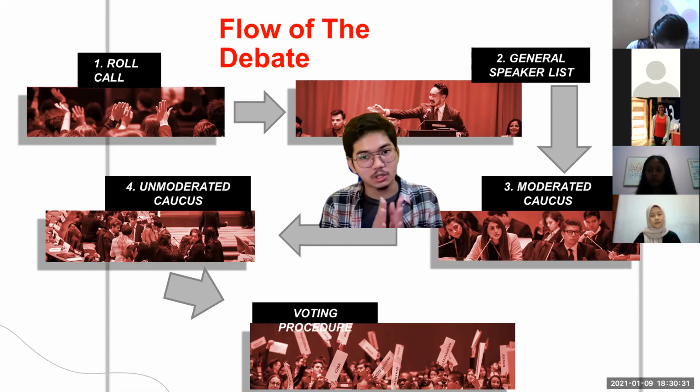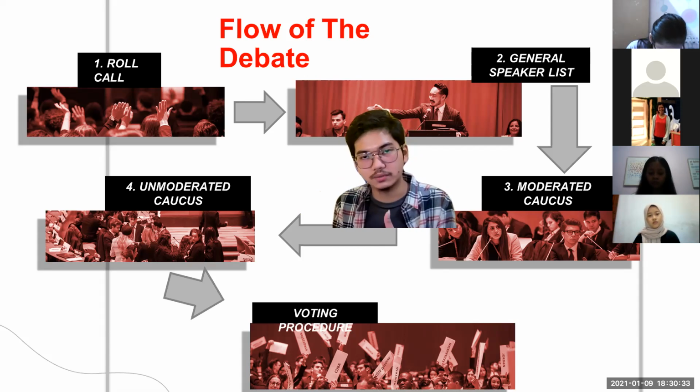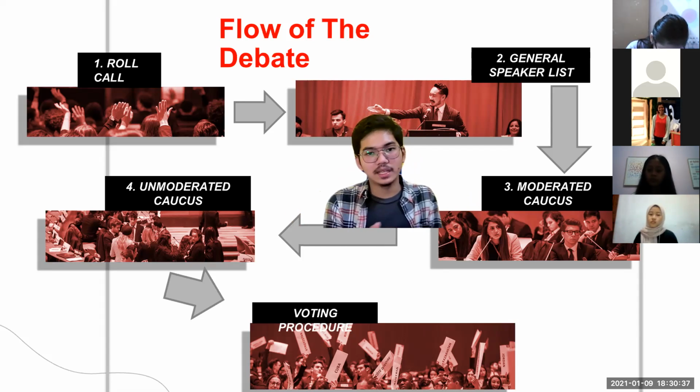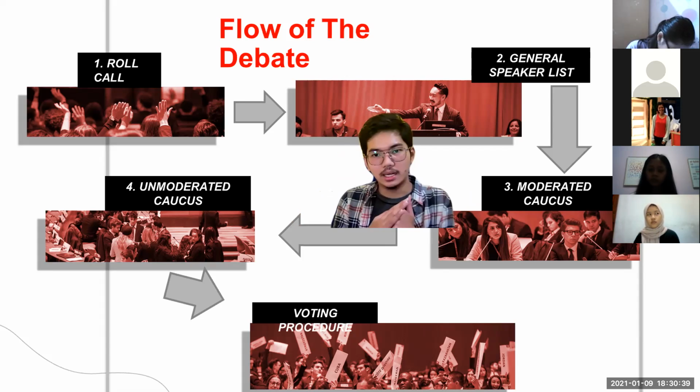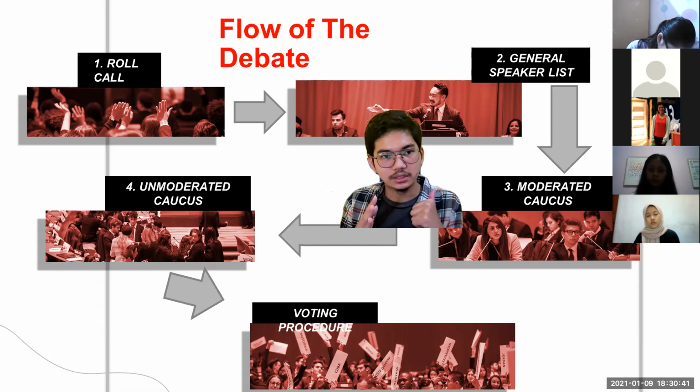So I hope it answers your question. You only have to represent. That's all. Okay. I believe if there are no more questions, I can move on to the presentation.